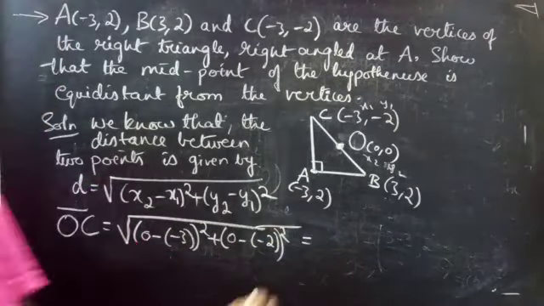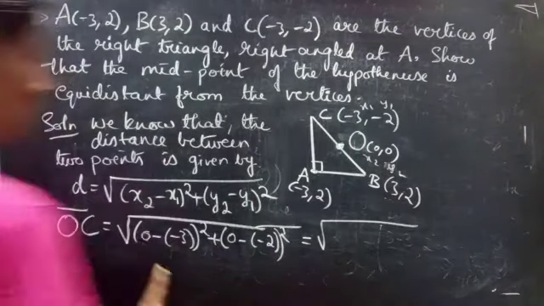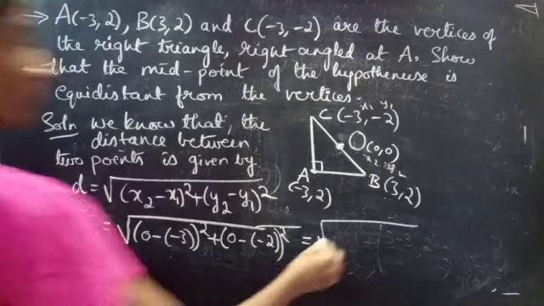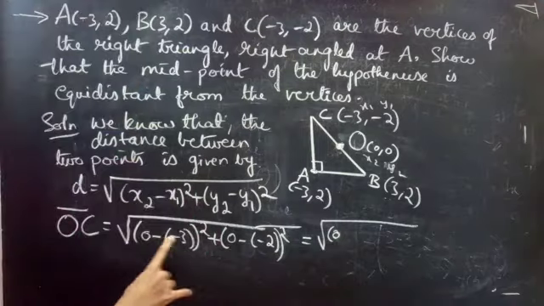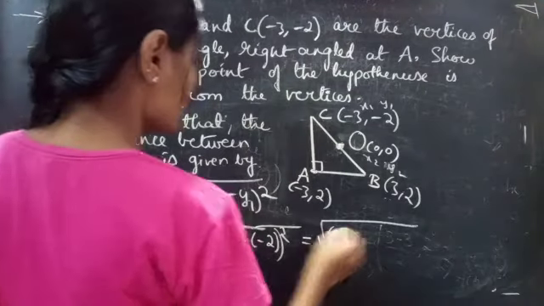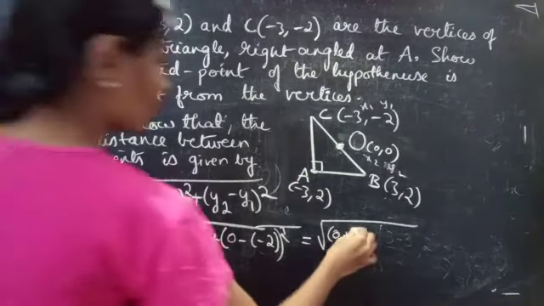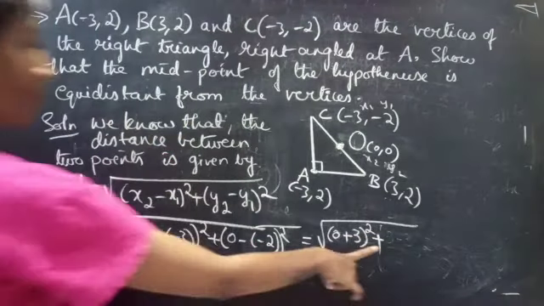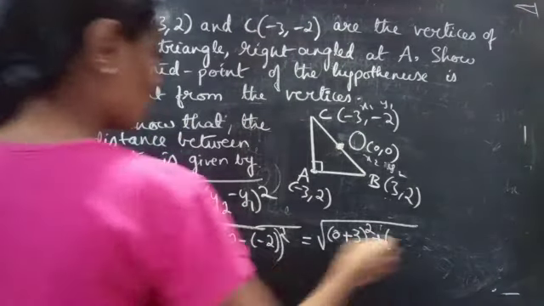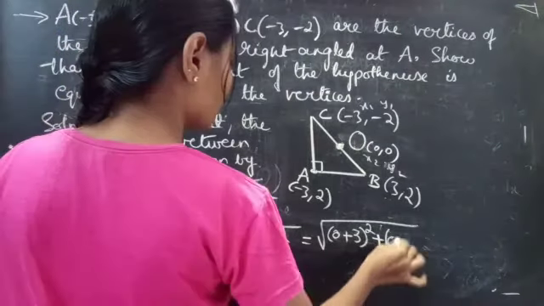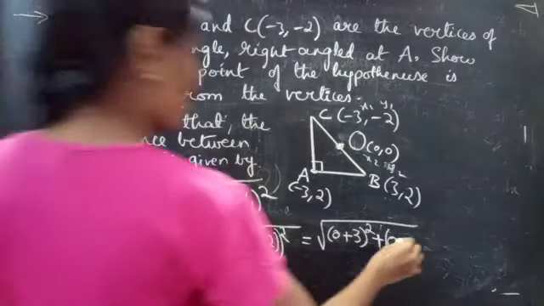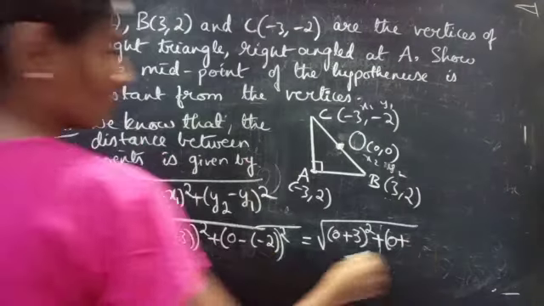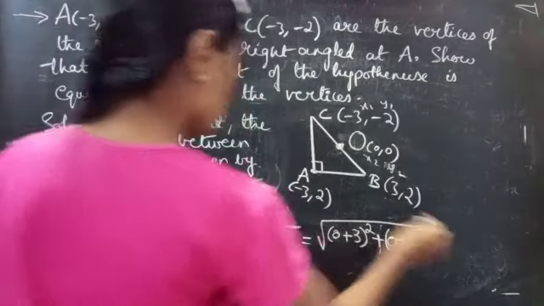So this equals square root of (0 plus 3) whole square plus (0 plus 2) whole square.